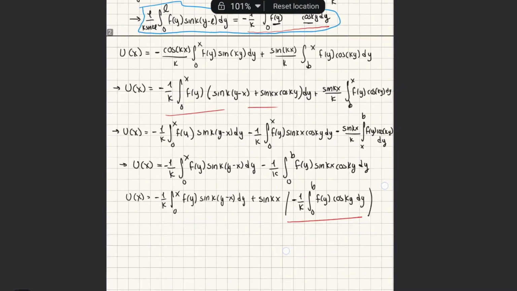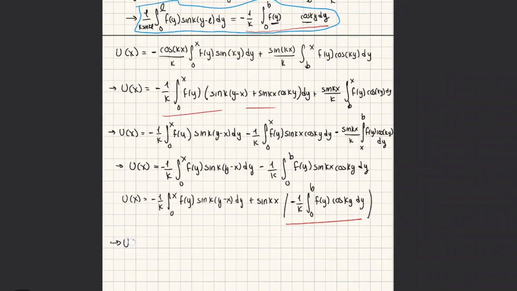So we substitute that result to get that u of x is equal to minus 1 divided by k, the integral from 0 to x of f of y sine k times y minus x dy, plus sine kx and times this result here.